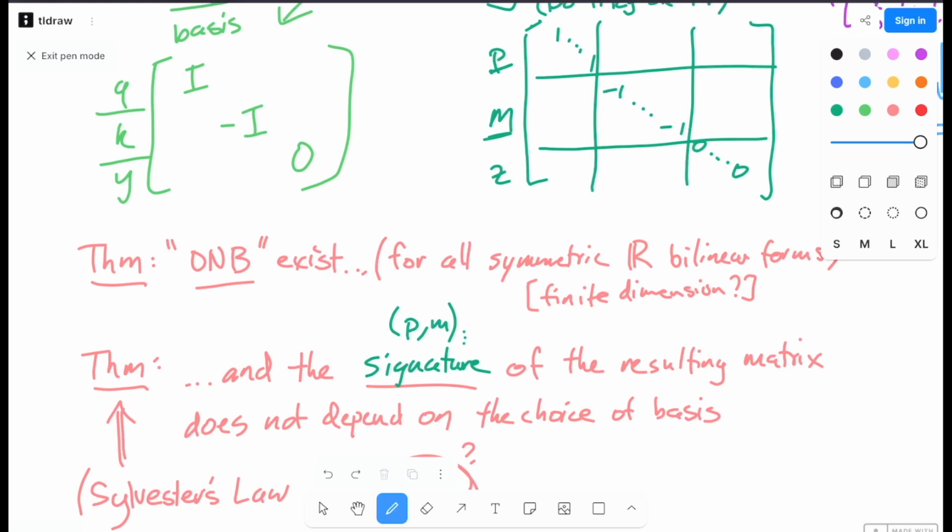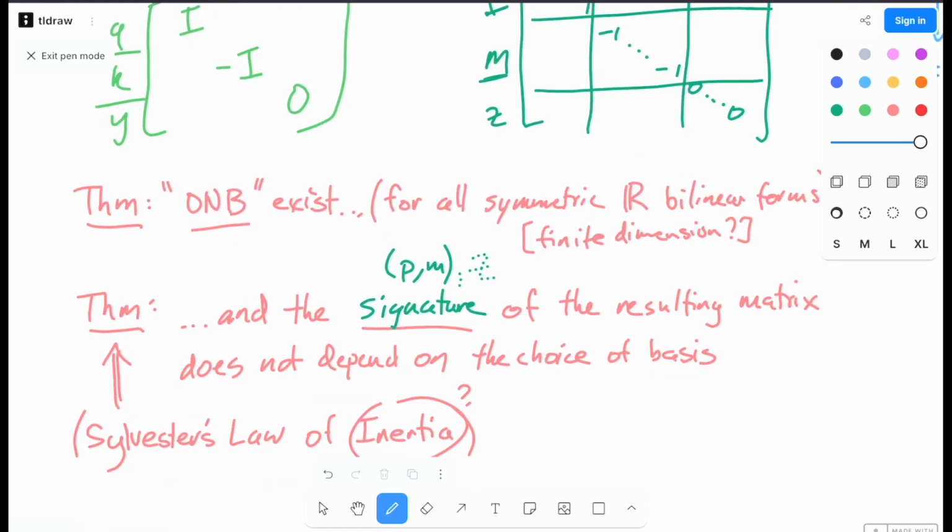That's unreadable. Let's try that again. Yeah, it's a good question. So these are our goals for today. Cool.